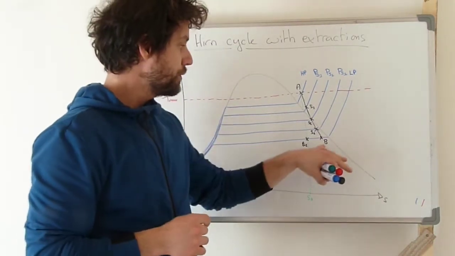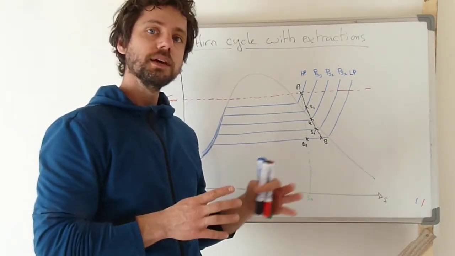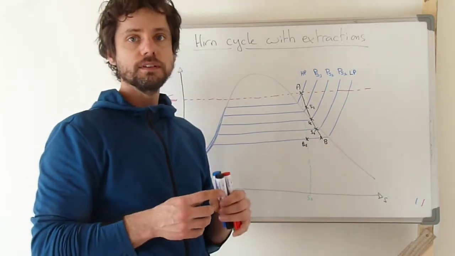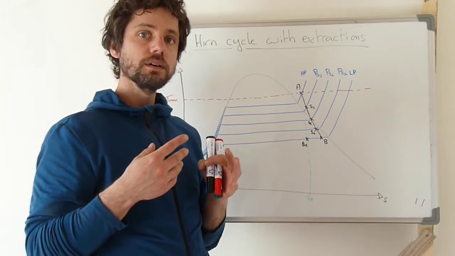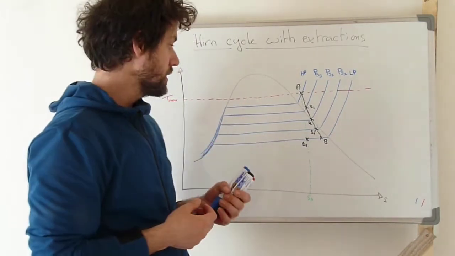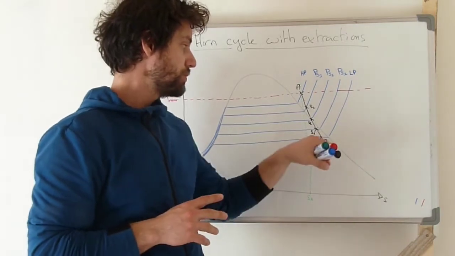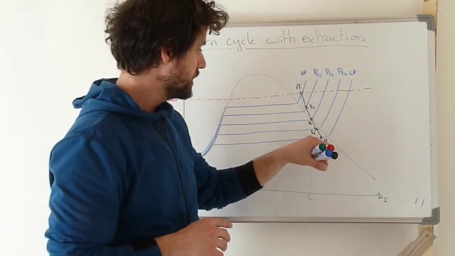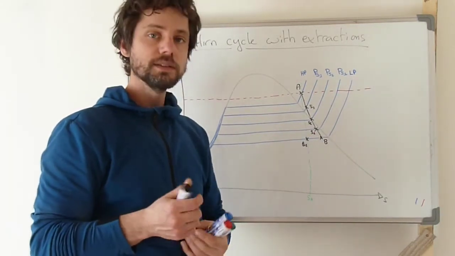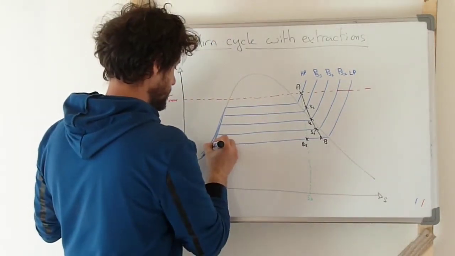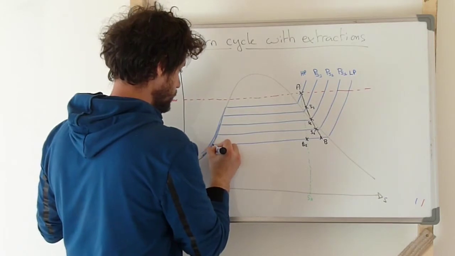Now, the fluid that is going out of the turbine in B will first go through the condenser and give heat to the secondary fluid of the condenser, be fully condensed until being a saturated liquid in the point that has been called C1.